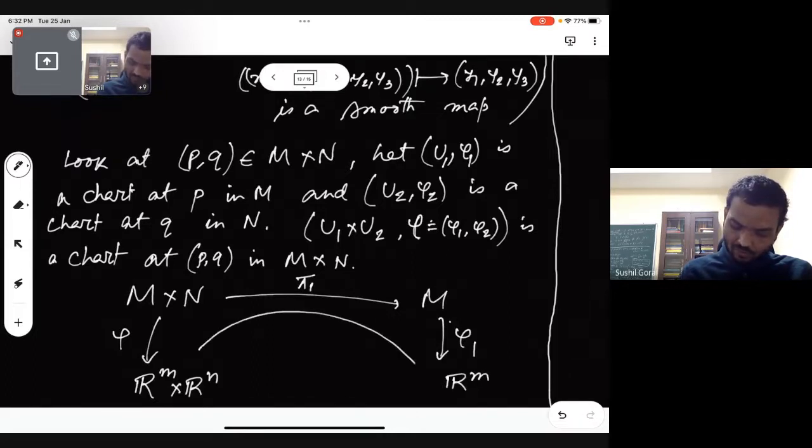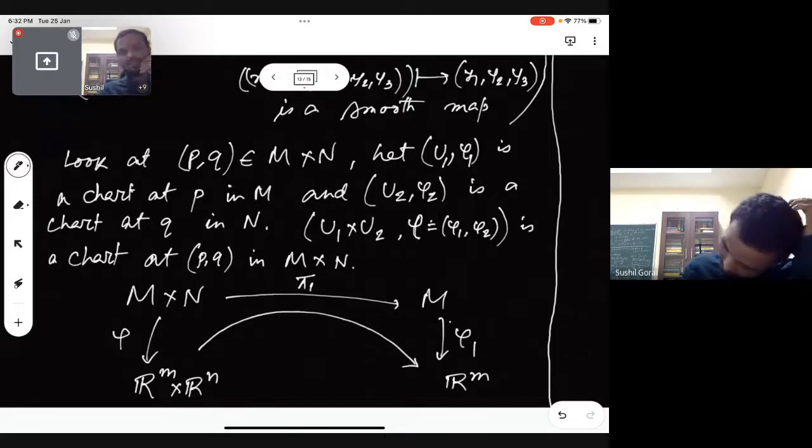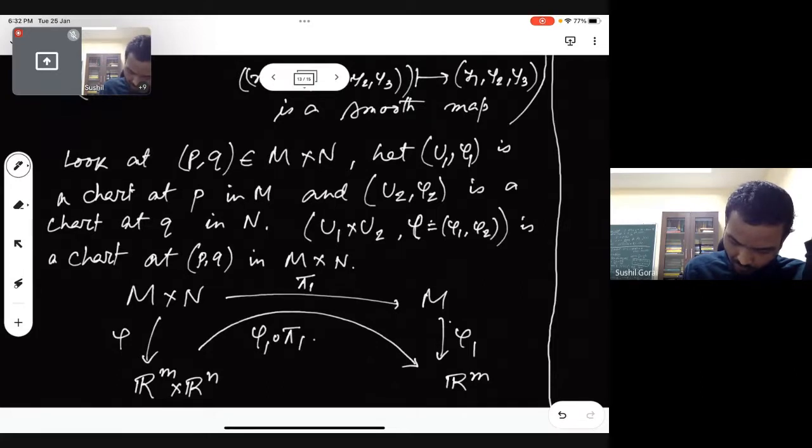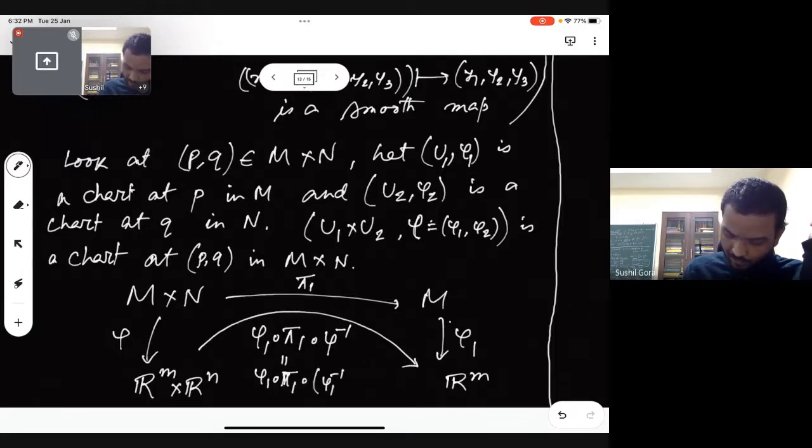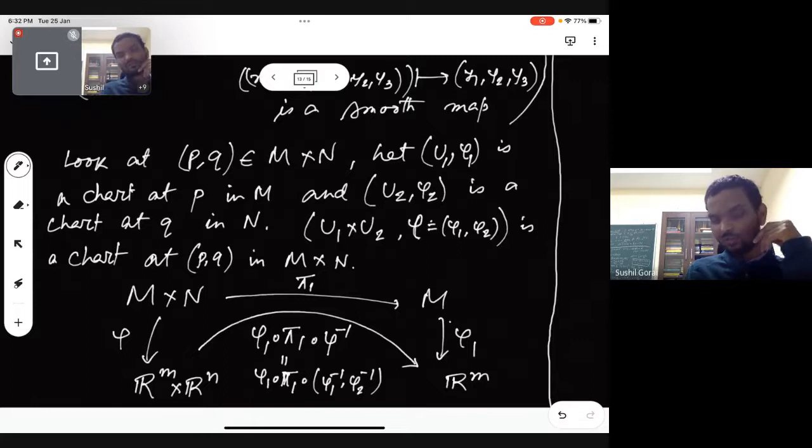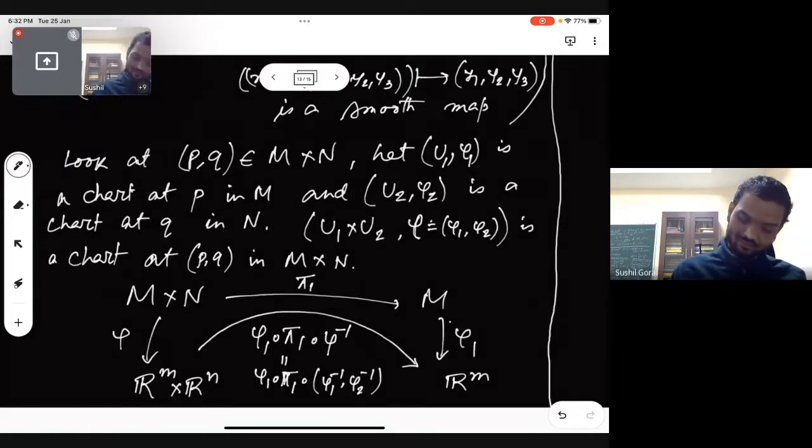Now we combine this. So what is it? phi1 compose pi1 compose phi inverse, applied to (phi1 inverse, phi2 inverse). What is it?